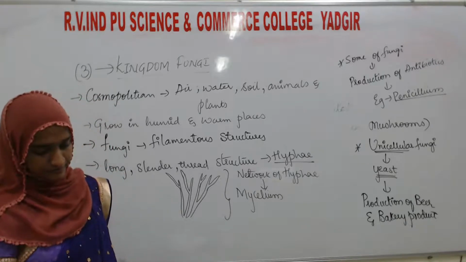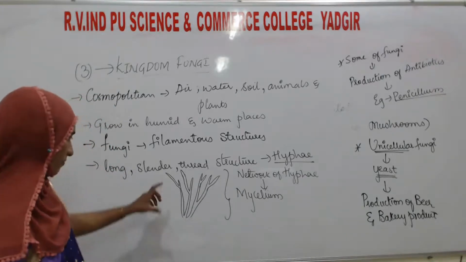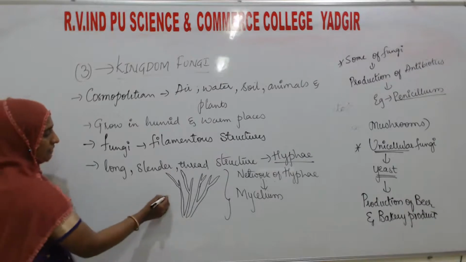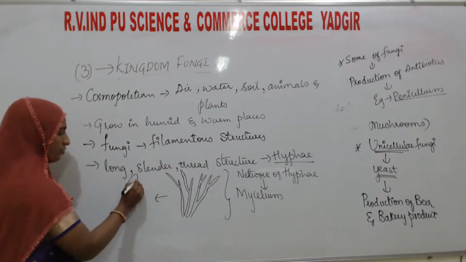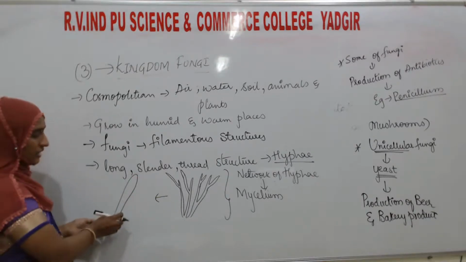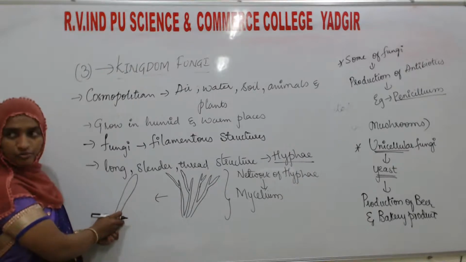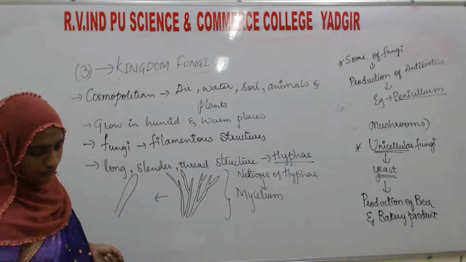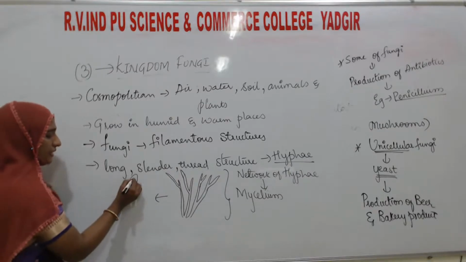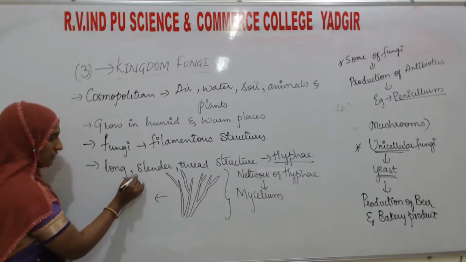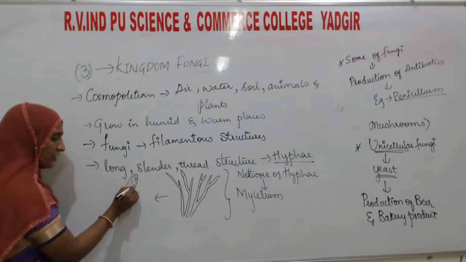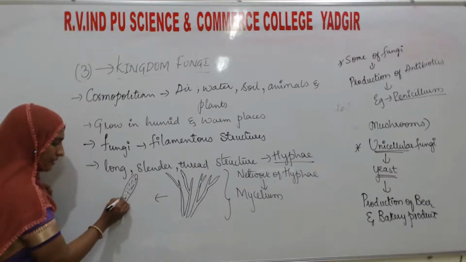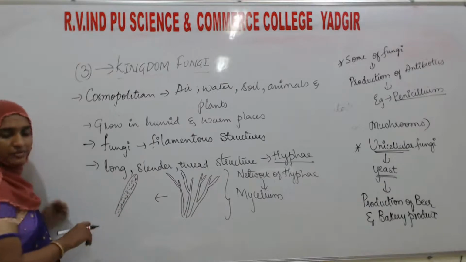And here, one hyphae I will take and explain to you. This is one hyphae, which is a continuous tube-like structure. Here this is the continuous tube filled with multinucleated cytoplasm. First of all it is filled with cytoplasm like this. Cytoplasm will be there.